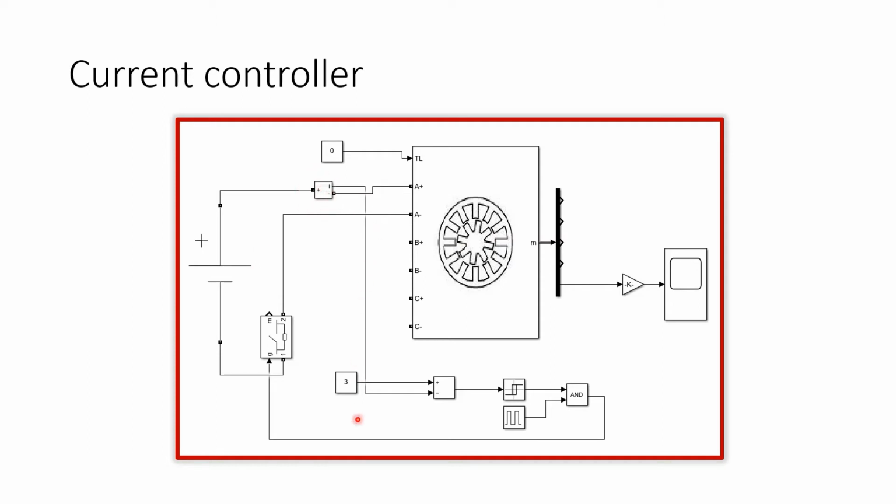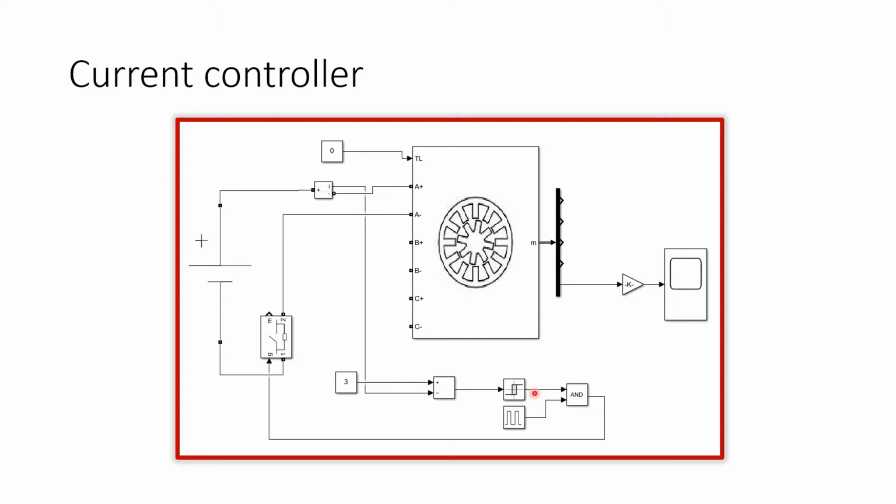It measures the current and it is compared with a set value of 3 ampere. Here if the current exceeds 3 ampere, it will turn off this relay type switch. If the current falls below 3 ampere, it will turn on the switch.